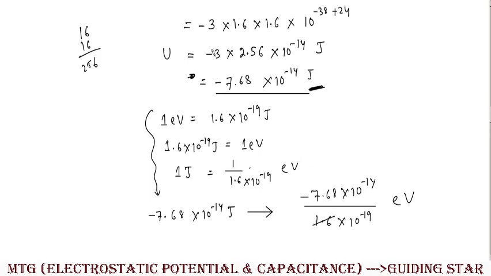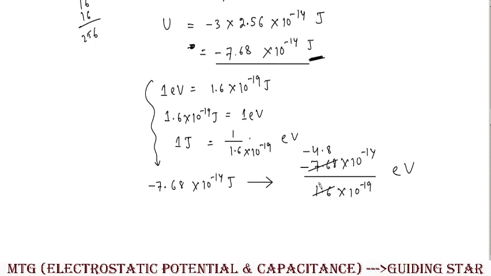So it will be 3 into 1.6, which is 4.8, so minus 4.8, and if 19 goes up, then it will be 10 to the 5. That means it comes out to be minus 4.8 into 10 to the power 5 eV.